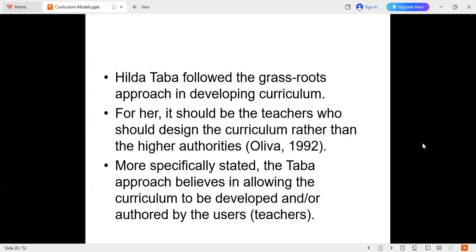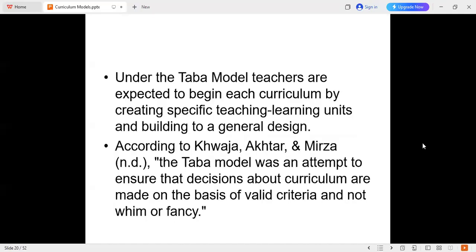It can be provincial wise or zonal wise. Some selected teachers can be invited to participate in the curriculum development process. That is one suggestion. Under the Taba model, teachers are expected to begin each curriculum by creating specific teaching-learning units and building to a general design.